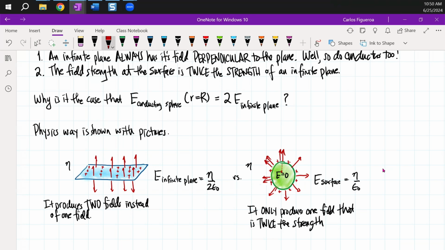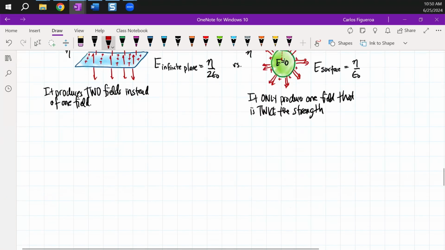Each of these gets doubled. And so I'm seeing a much stronger field. How much stronger? 2 times the strength. How do we show this mathematically?